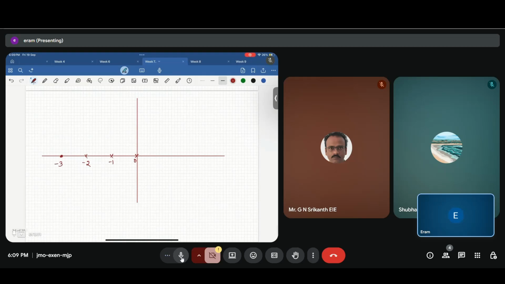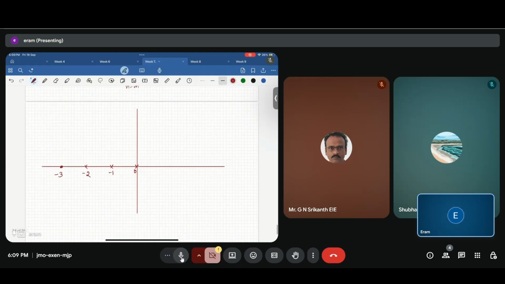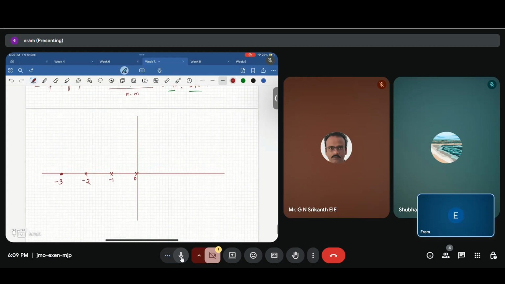Okay, and we are asked: is there any gain such that we transit to the unstable region, that is, the right half plane? So we correctly identified the part of the real axis where the root locus will lie. Since at this point the number of poles or zeros to the right of it is odd, this part of the real axis and this part of the real axis will lie on the root locus.